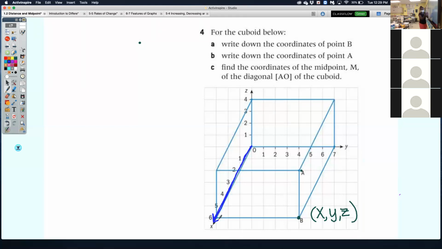How far down is point B? How many units would you say? 6. It's 6 units down, because as you can see, here's 6 on my x-axis, and B is basically in that same position from that point.